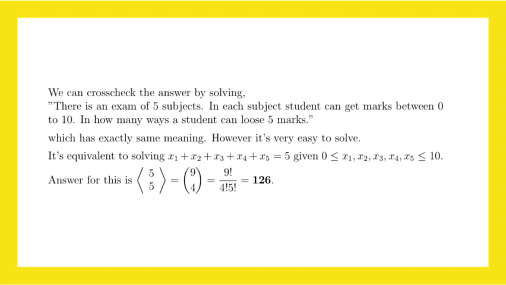Now even though they have an upper limit of 10, it is as good as having no upper limit, because the values can go up to 10, but numbers after 5 are not going to satisfy this. So we can always consider that it has no upper limit, and therefore the answer is very easy, which is 5 elbow 5.